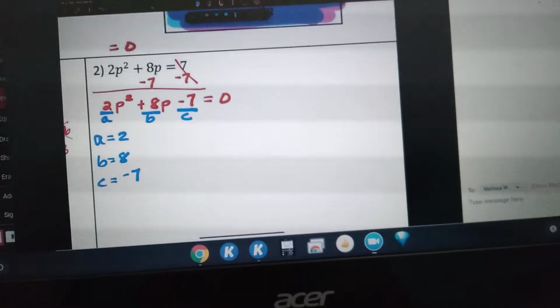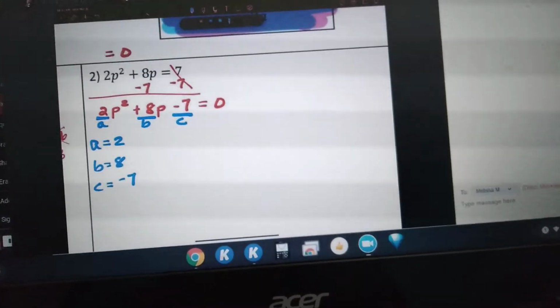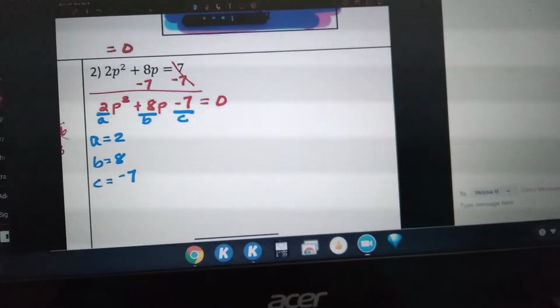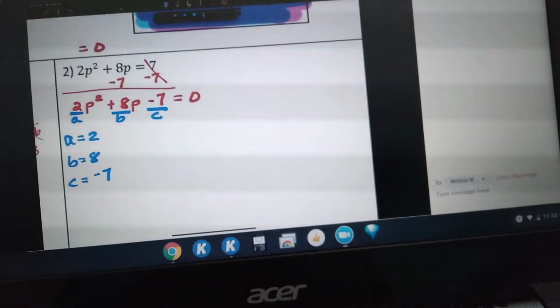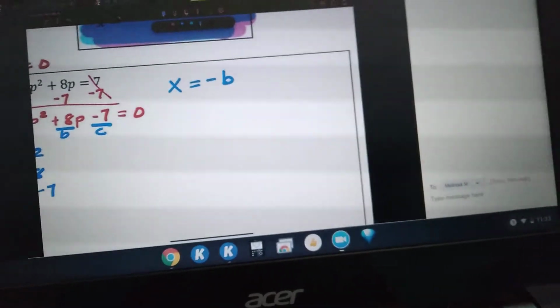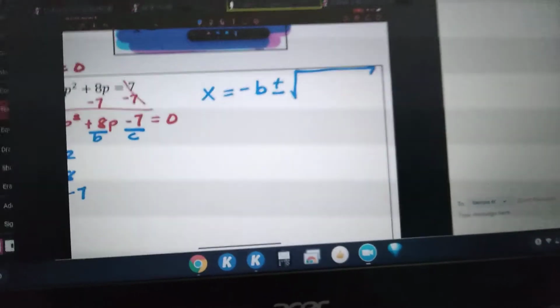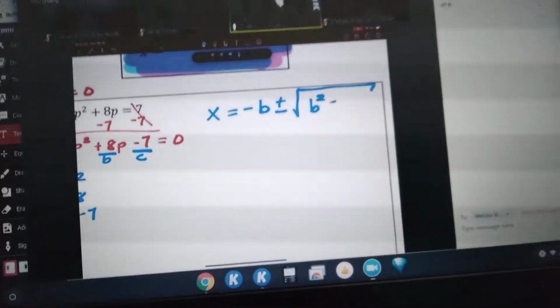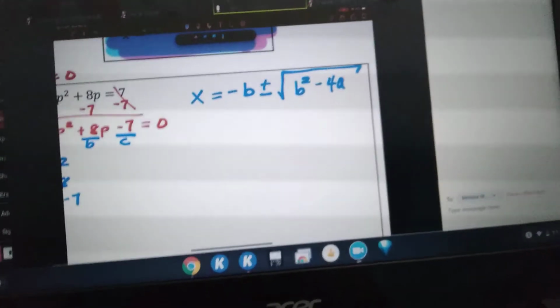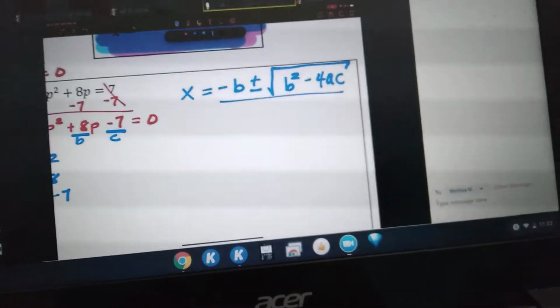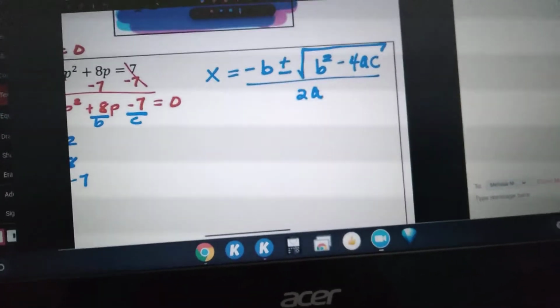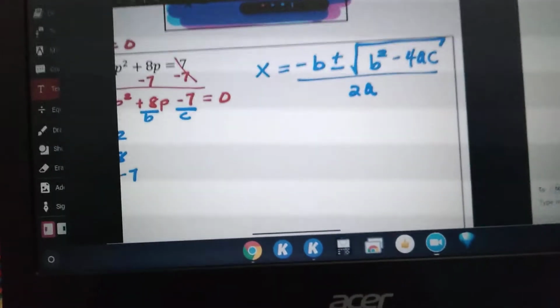The formula to find the solutions, the zeros, the roots is x equals negative b plus or minus the square root of b squared minus 4 times a times c all over 2 times a. Everybody understand?